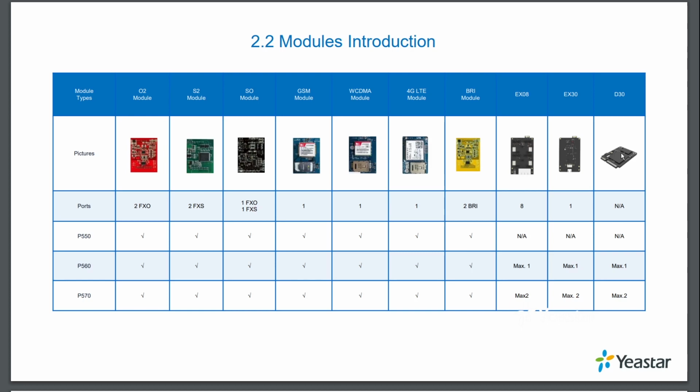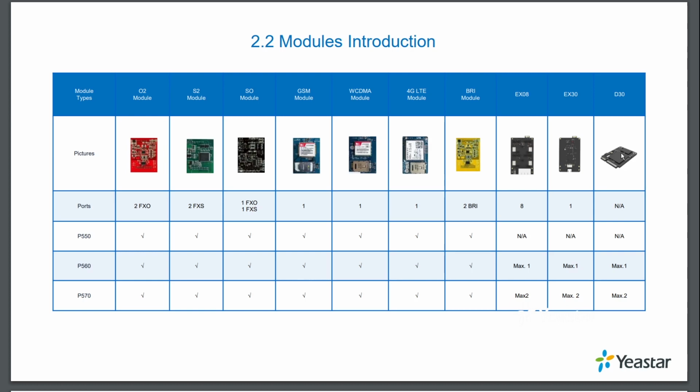It's for emergency situations because you still have one interface for FXO which connects with your telephone line. It has the power, right? And on the other side, we have the FXS interface. It connects with our analog phone. So this analog phone and this telephone line are fully connected by using this SO module. That's a fallback solution. Okay.